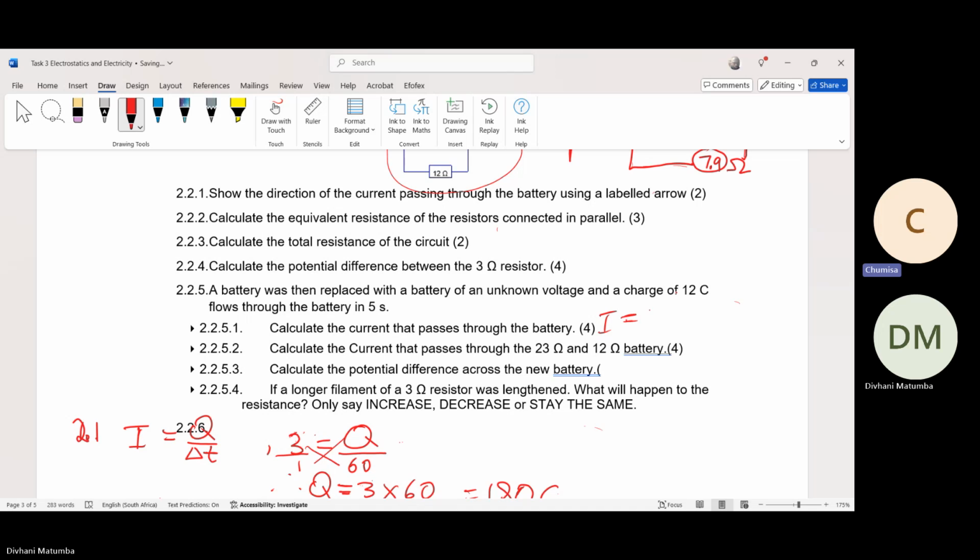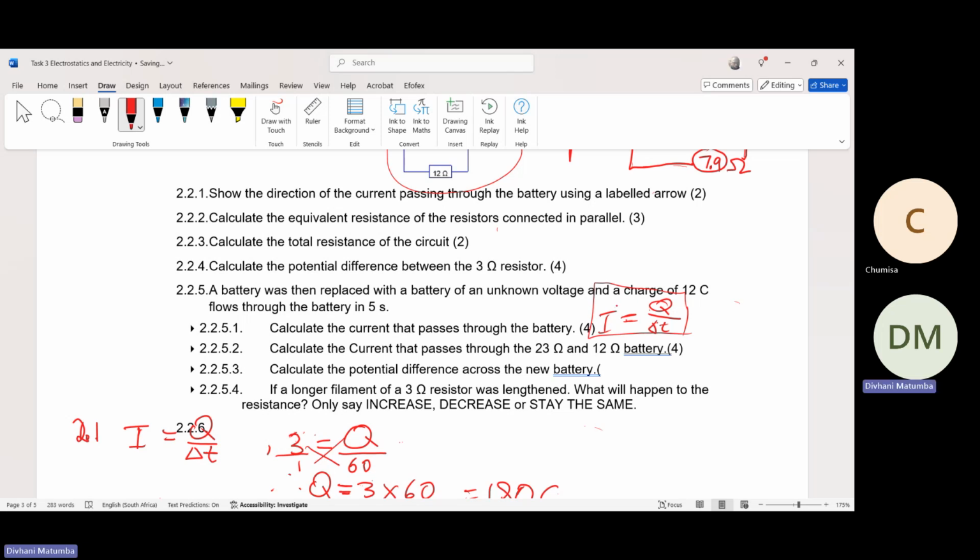Current equals the flow of charge, which is Q, divided by the change in time. Then you're done.